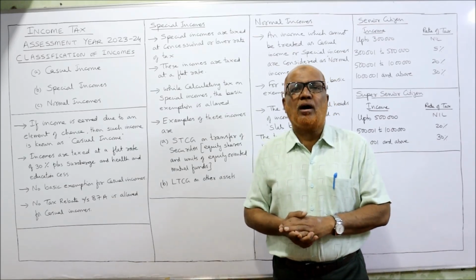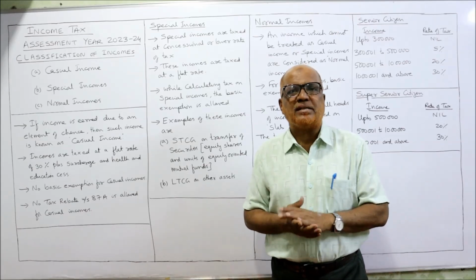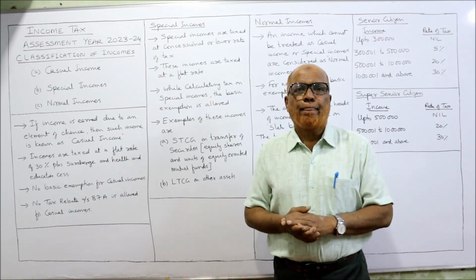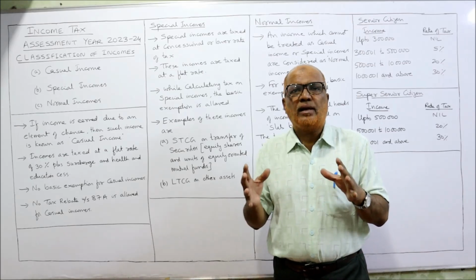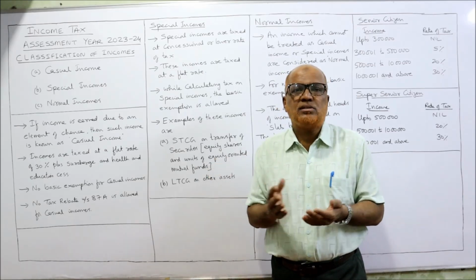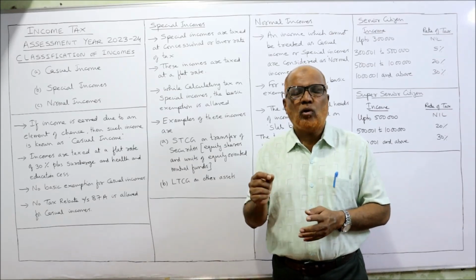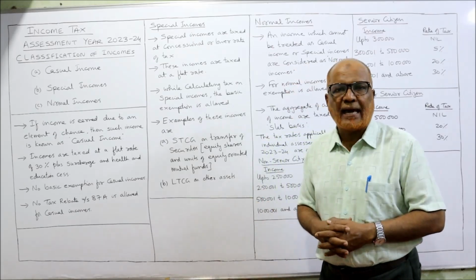Examples of casual income are winnings from lottery, horse races, crossword puzzles, games, betting and gambling and television program games. All these will come under casual income because there is an element of chance. Luckily you got it. Winning from lottery, luckily you got it. Unexpected. So it is called casual income.